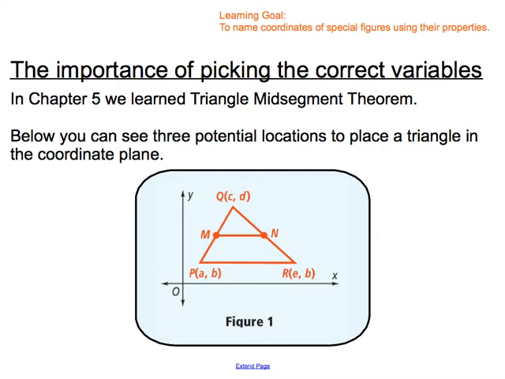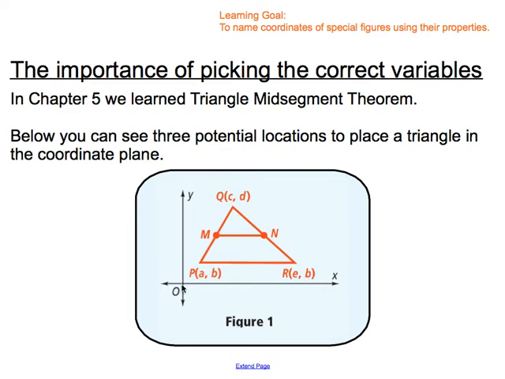The first location of this figure has coordinates for P, Q, and R, and all of the coordinates are variable locations. So we have vertex P at coordinates A, B. We have the coordinates of Q at C, D. And finally we have the coordinates of R at E, B. You'll notice here that the y coordinate of both P and R are exactly the same.